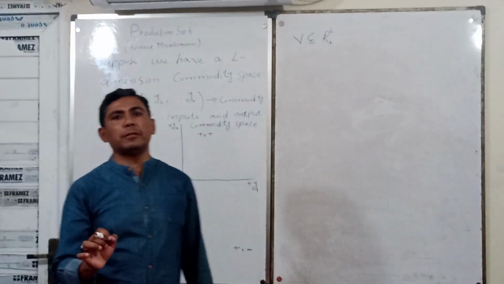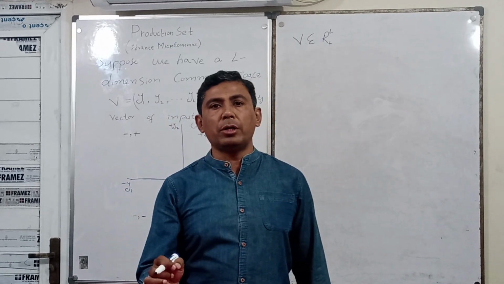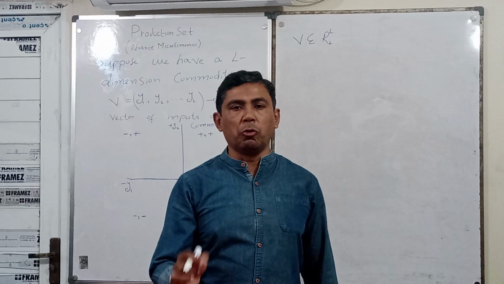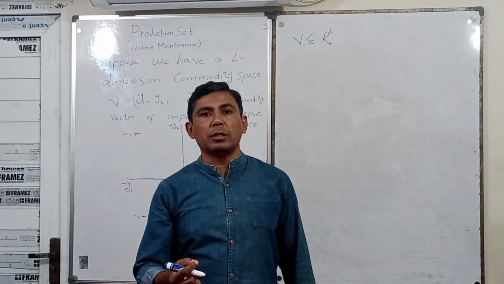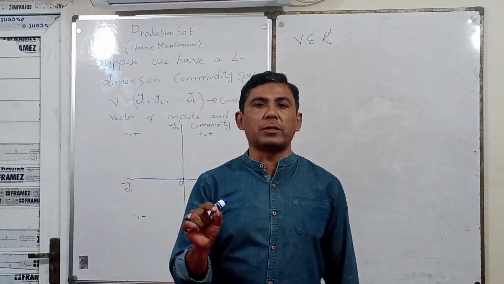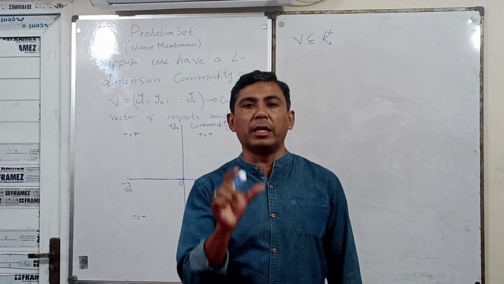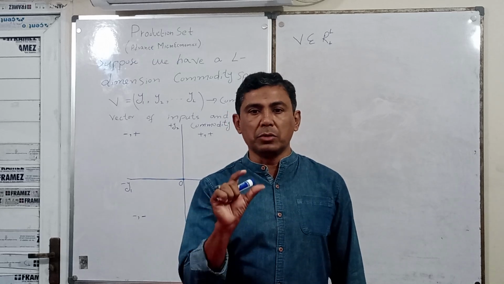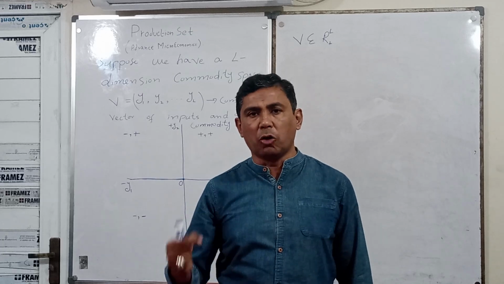Now to distinguish which one is input and which one is output, as per the standard criteria in the books, we mark a negative sign with inputs and a positive sign for outputs in the commodity choice vector. So these are our inputs and these are our outputs.